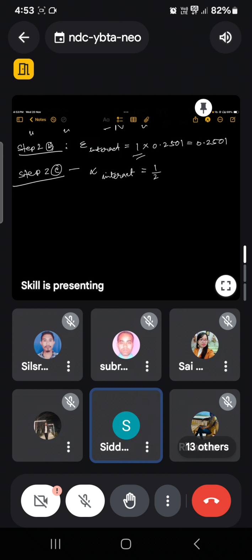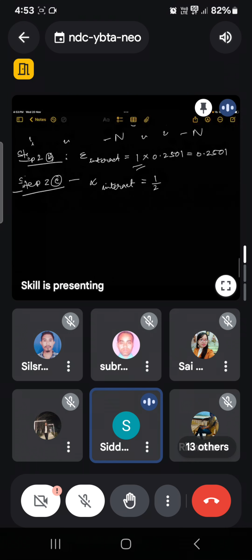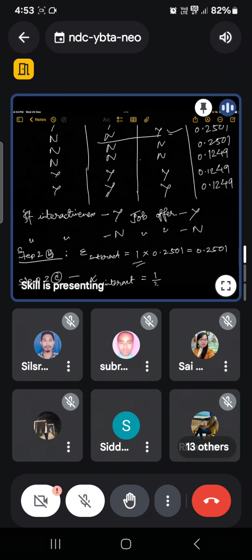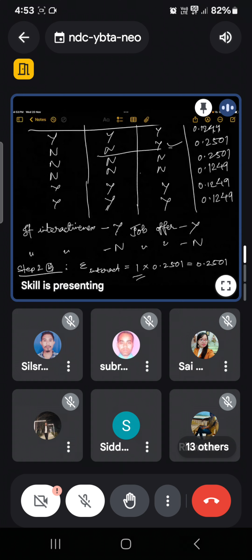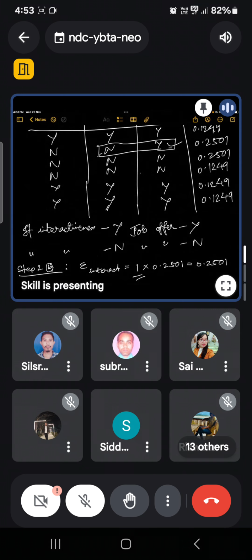Sir, I have a doubt in step 2B. Why have you not written 2? You have written only 1, because there are two such values. I have already told you, here it is a misclassification for this one case, so we are writing 1 into 0.2501.